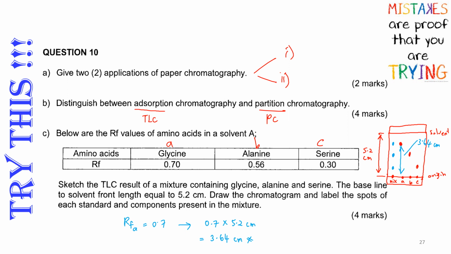Normally they will ask you to sketch the TLC results of a mixture containing glycine and so on. The baseline to solvent front length is equal to 5.2. So remember here, when you draw, you must draw the actual measurements, not like what I did here, I only sketched. But when you do it, you must draw in actual size. Meaning from the origin until the solvent front travel is 5.2 cm.